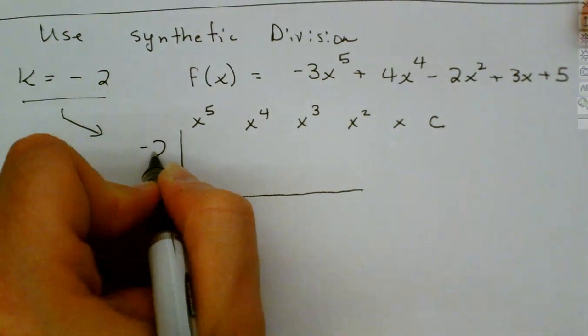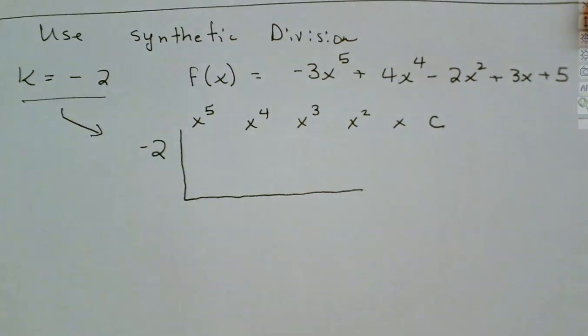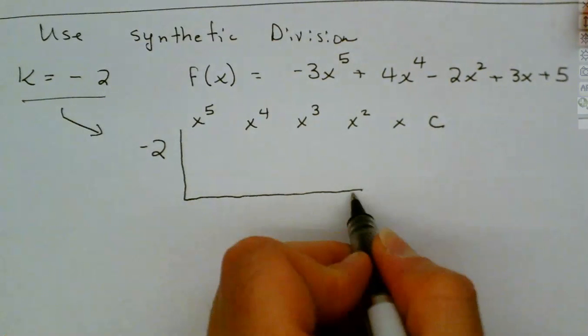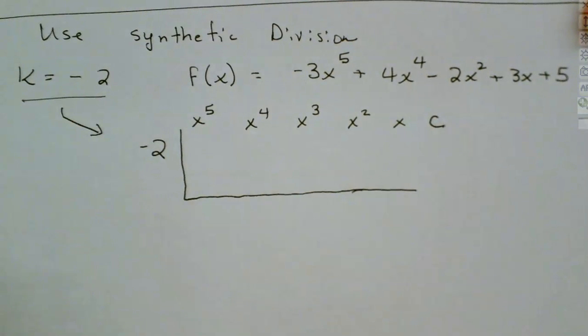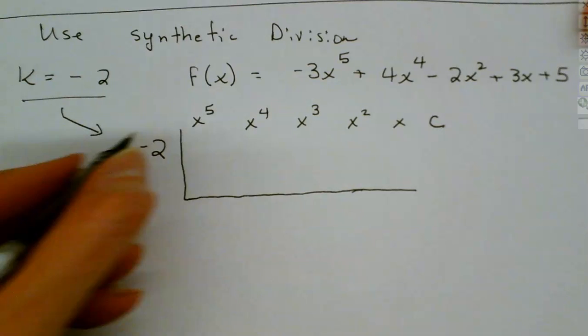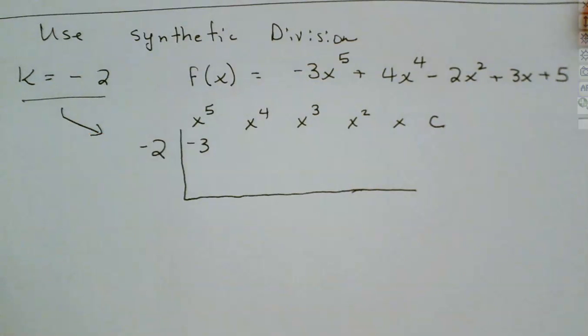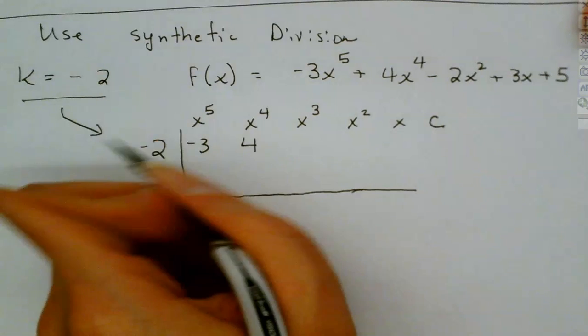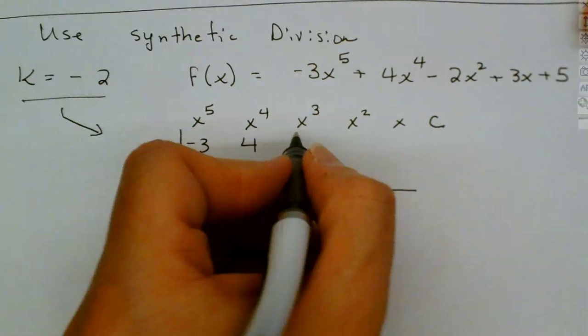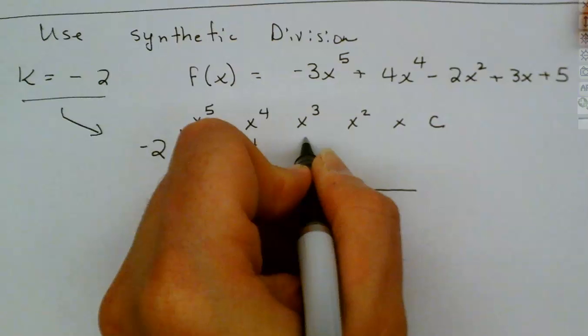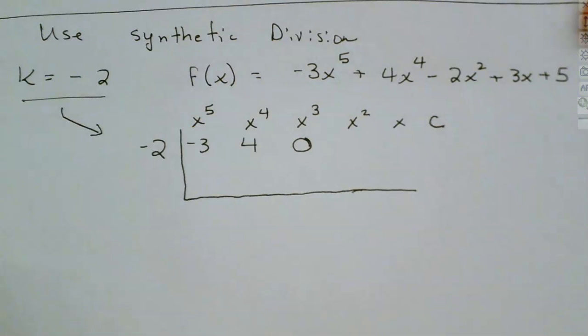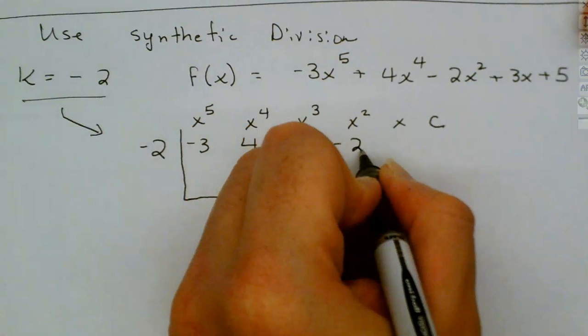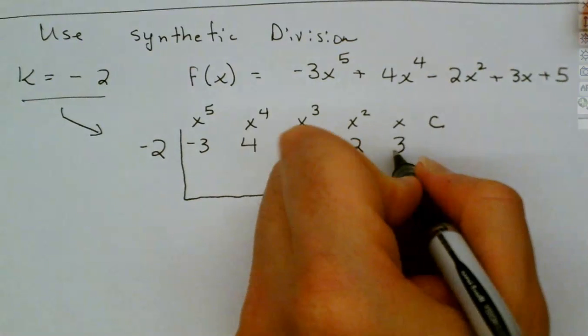So the negative 2 goes right there. Now, if you're missing a part, you're going to plug in a 0. So we've got a minus 3. We've got a 4x to the 4th. Do we have any x cubes? Nope. So we're going to put a 0 here, right? And then we've got a minus 2. And then we've got a 3. And then we've got a 5.